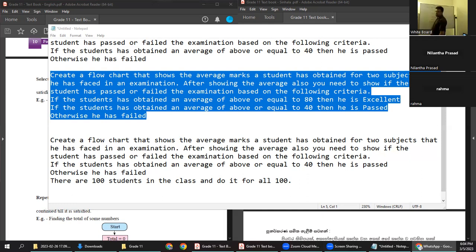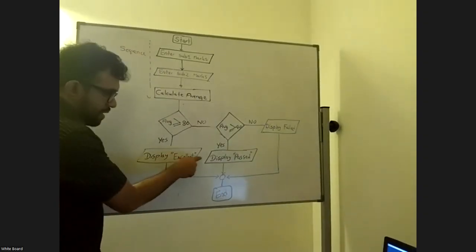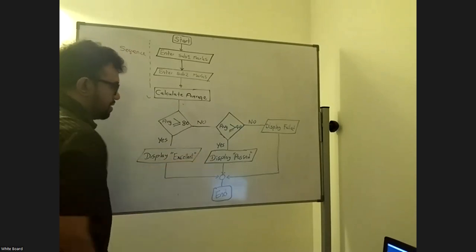Right, draw this one together because in your diagram there are smaller mistakes. I think you have drawn an arrow from here to here, which is not possible. I think there was an arrow combining these two, which is not possible.